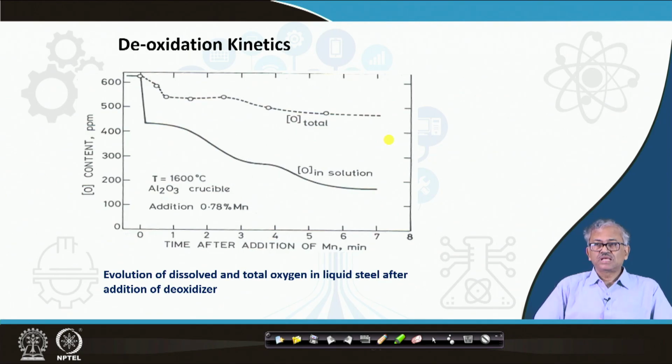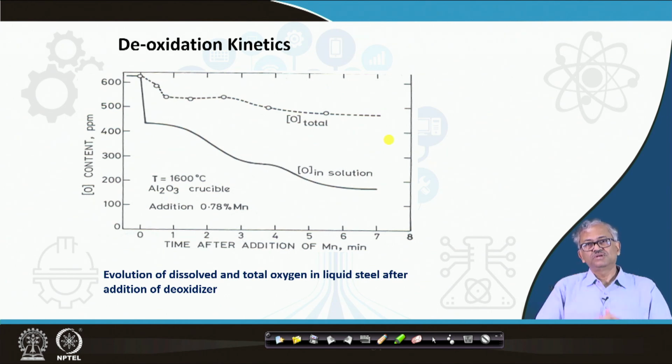What it means is that you are forming the oxide, MnO, but you are not eliminating the MnO from the system quickly. After you form the MnO, it has to move up and join the slag. So that process is taking time.